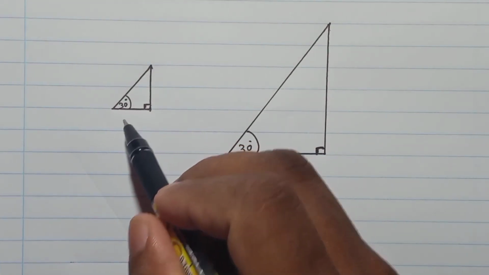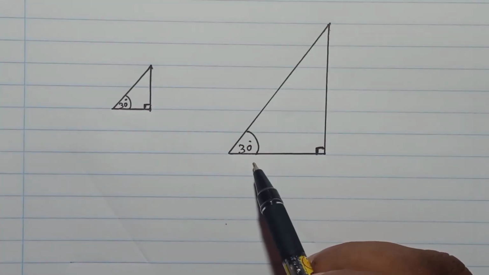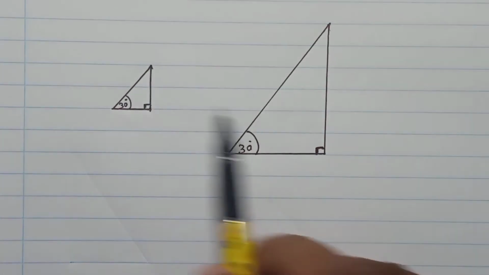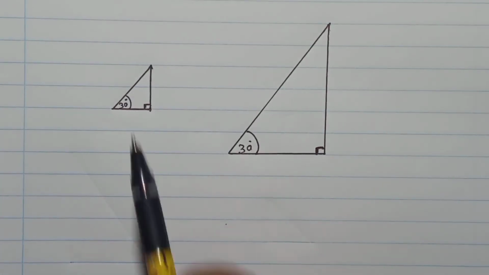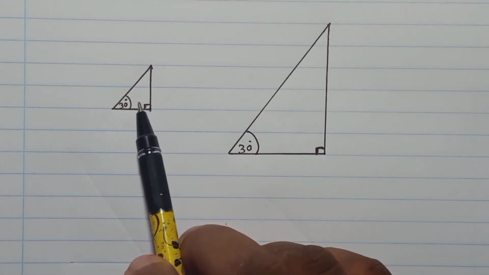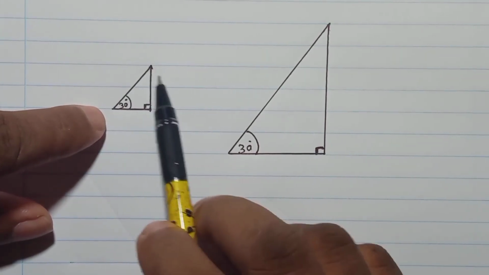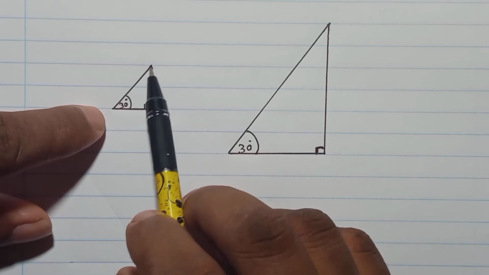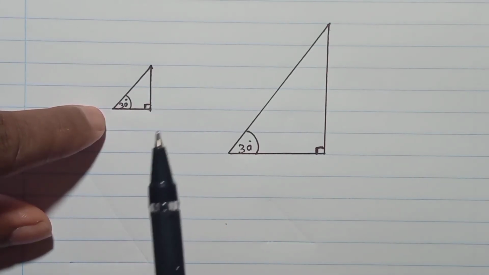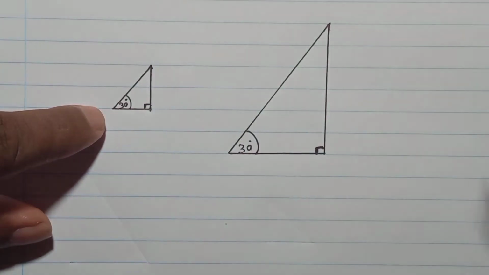Here, like I told you, sine 30 degree, here 30 degree, and 30 degree. Both are right angle triangles. Now if this is 30 degree, if you divide this side length by this side length, it doesn't matter the size of this right angle triangle, maybe it's very small or very big.